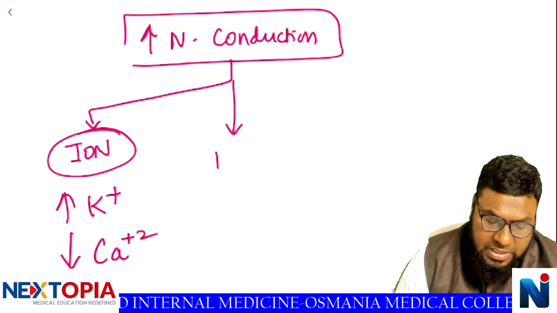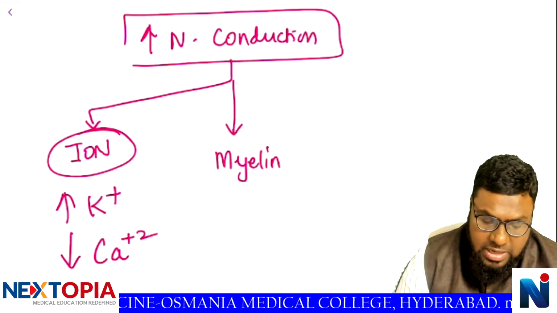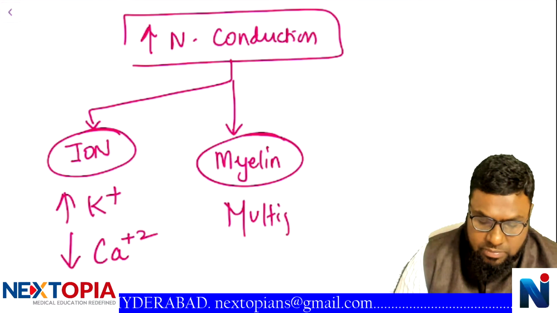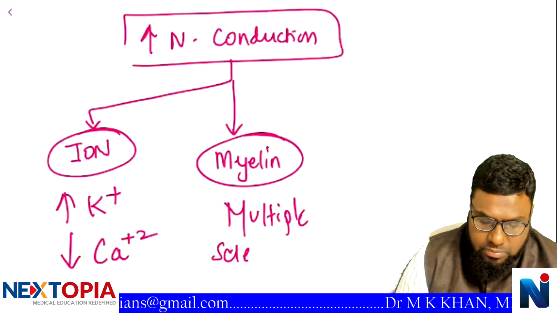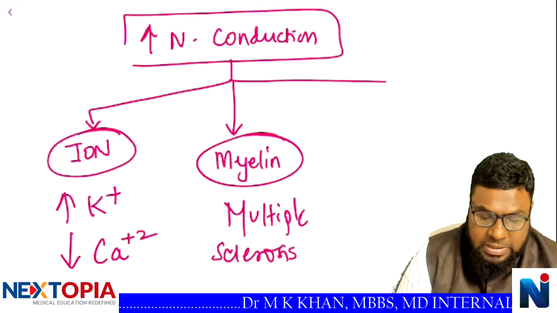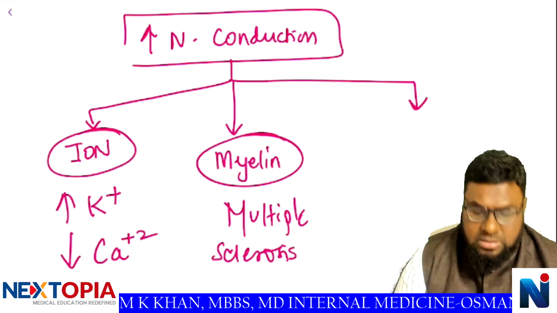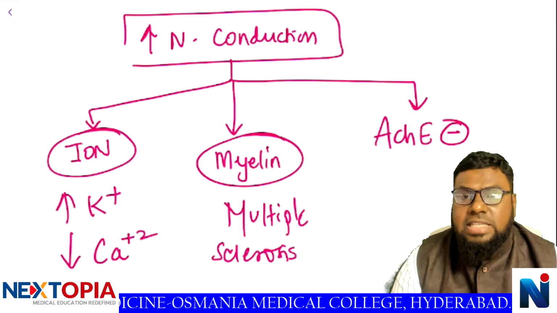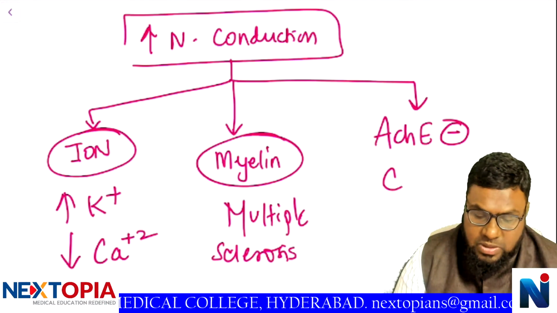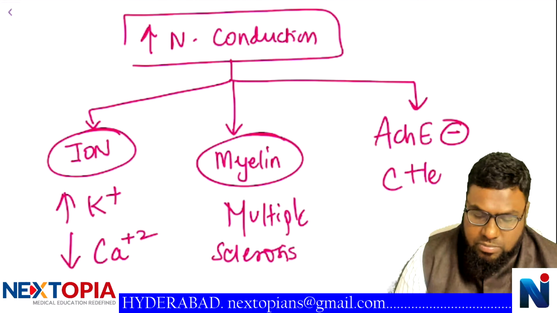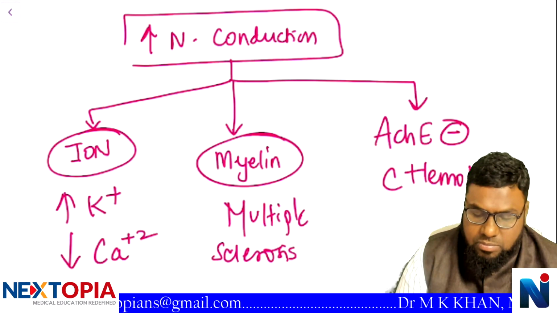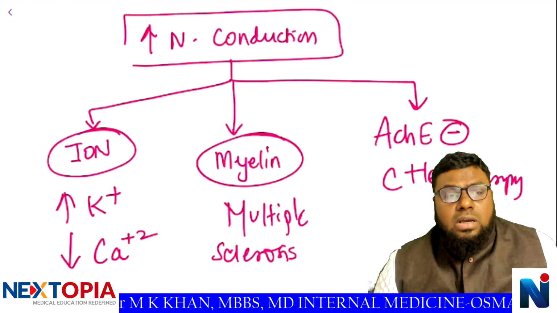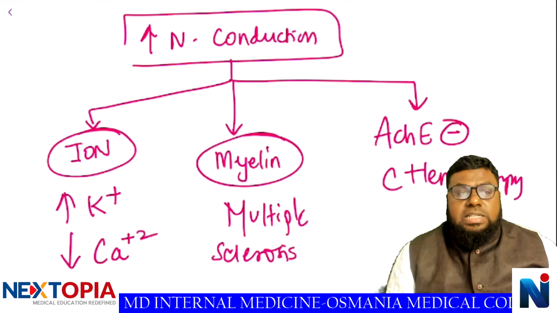Increased nerve conduction can be seen in a few conditions of myelin disorder like multiple sclerosis. Certain drugs like inhibitors of acetylcholinesterase, all right, sometimes because of chemotherapy. Increased neuronal excitation is an important point of a few chemotherapy agents.